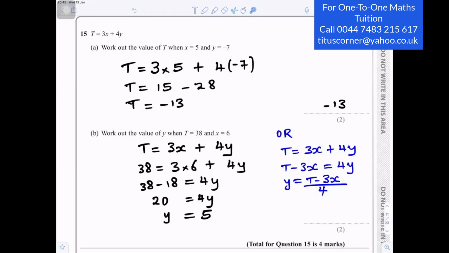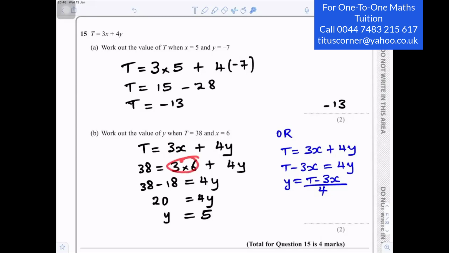Work out the value of y when t is 38 and x is 6. So you write down that equation from the top there. Copy it down. Sub in t as 38, x as 6. The 3 stays the same, and plus 4y, the 4y stays the same.